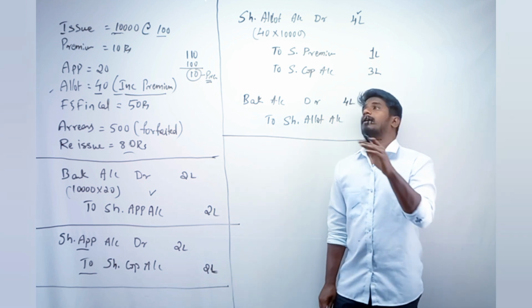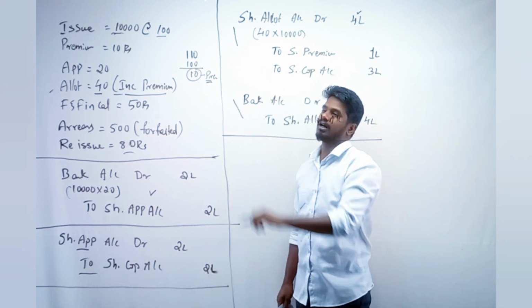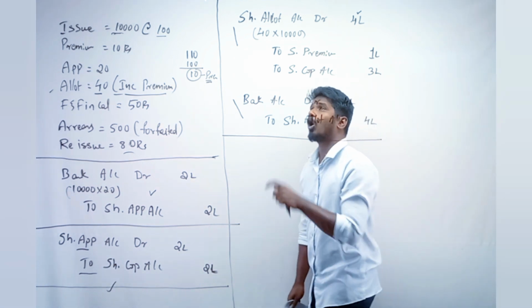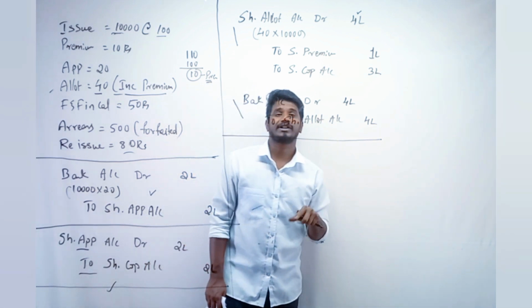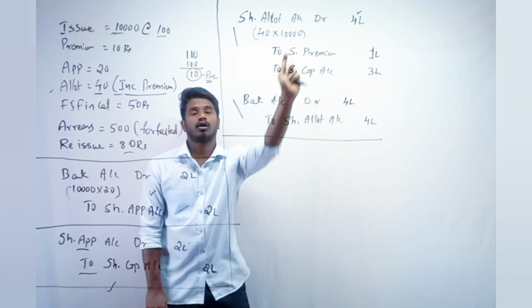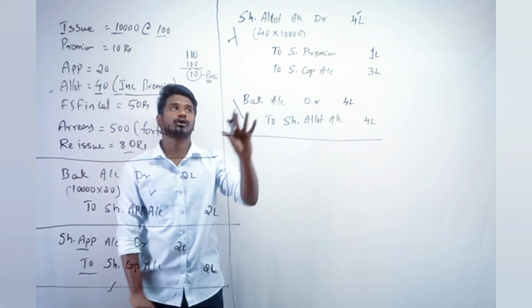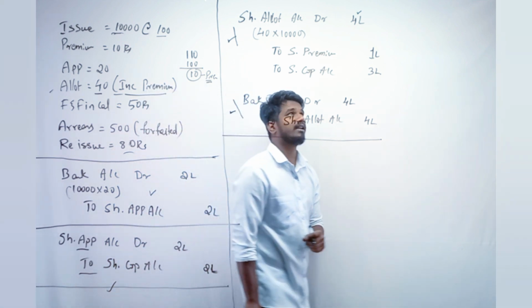Right. The next entry, why we are making a due entry and next we are receiving it. After application is received, we will know how many applications we have received and how much amount we should receive while allotting. Right. So we are making the due straight away and then we will receive it. So did you understand it?